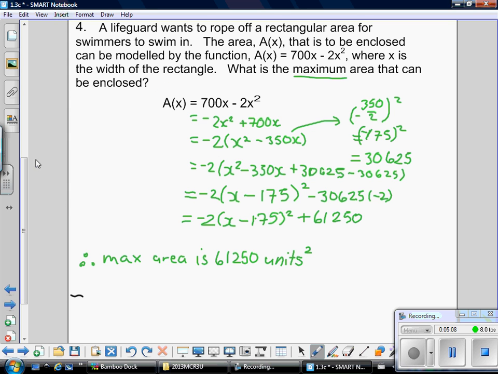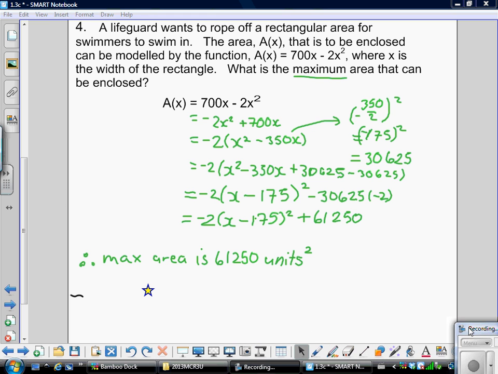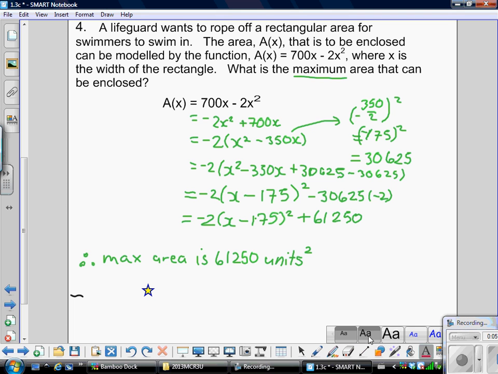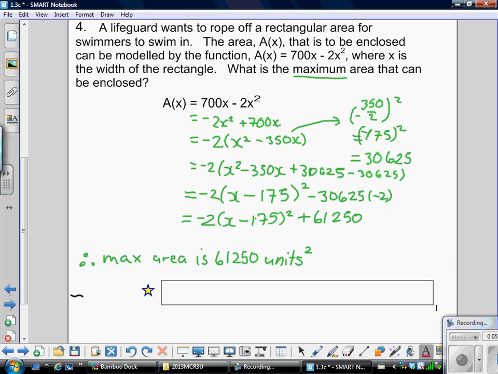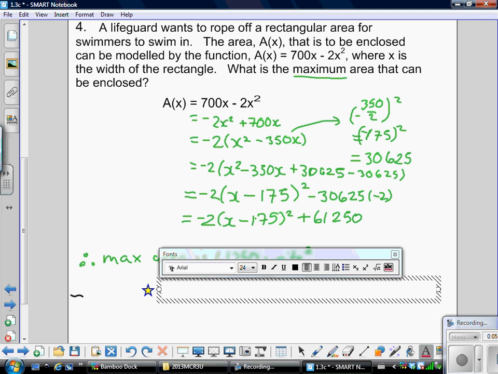Okay, so there's an example. Again, you did do examples with maximum and minimum word questions, so you shouldn't find it too difficult. Again, one important thing that you are allowed to do is you can round with word questions. So word questions allow you a little bit more leeway.